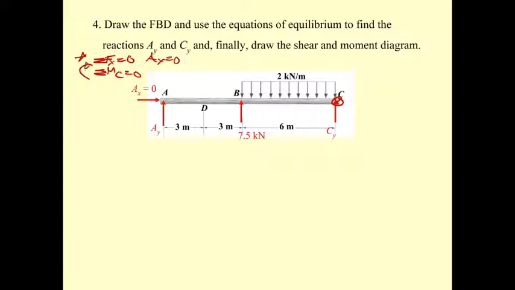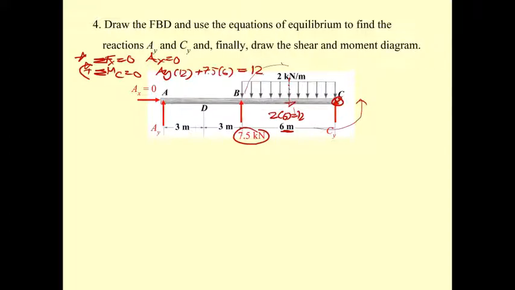So the rotation here is positive. The A sub y is going to be multiplied by the whole length from A, B, and C, that is going to be 12. And it's going to pass this one, 7.5, multiplied by 6 meter. And this one has the resultant of 2 times 6, which is 12. And this one is going to rotate in this direction, unlike this one, so it's going to be in the opposite.